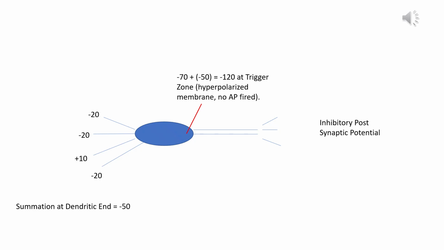We can hyperpolarize some of the neurons in the pathway to diminish the intensity of the signal. If you have a pain signal, which would be unbearable, then we have ways of kind of putting out the fire.